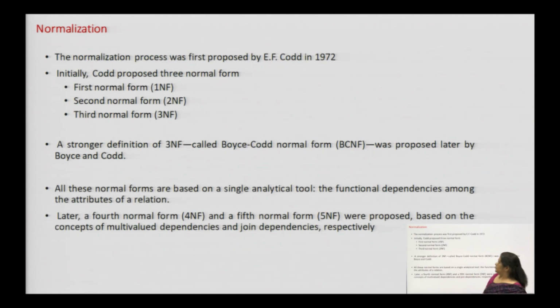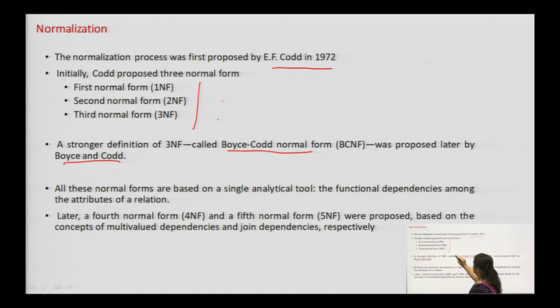Normalization was introduced by E.F. Codd in 72, giving 3 normal forms: the first normal form, second normal form and the third normal form. Then he introduced, with Boyce, a new normal form, which is a stricter form of 3NF called the Boyce-Codd normal form.